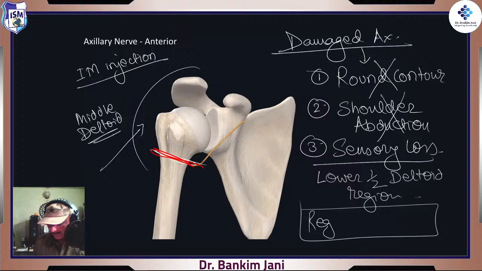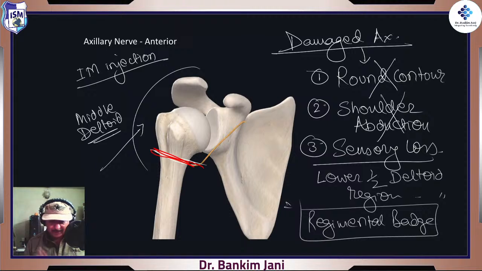In any uniform, the badges are over here. So the moment you hold your arm like this, that's the area of sensory loss, the lower half of the deltoid. That is what is called the regimental badge. Good, everything is so simple.